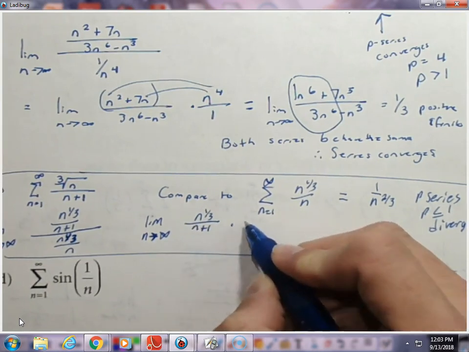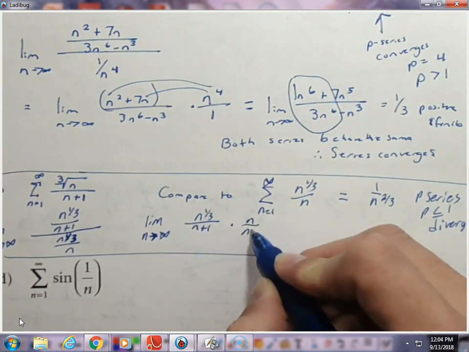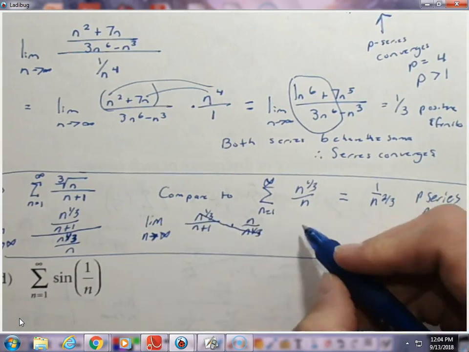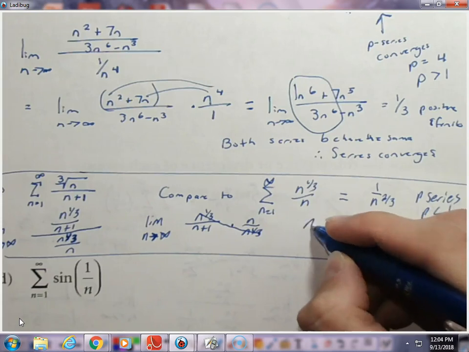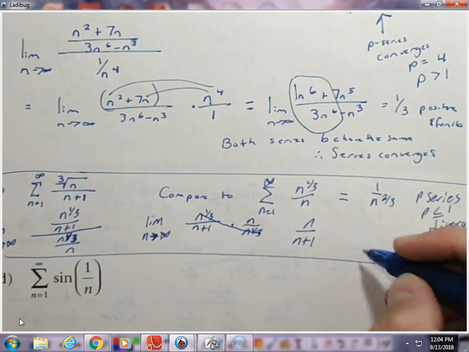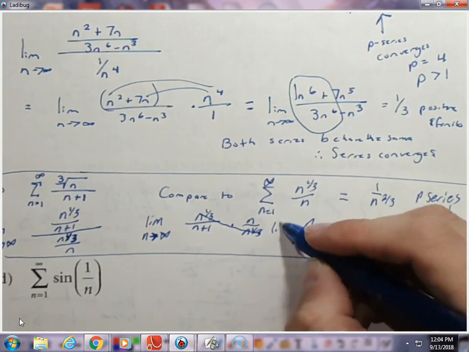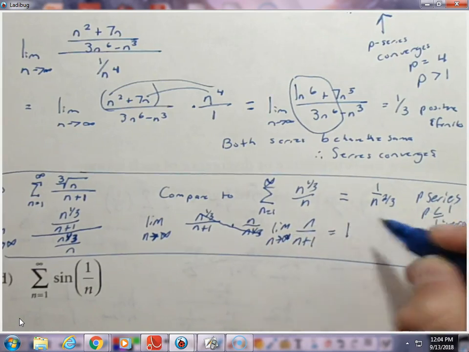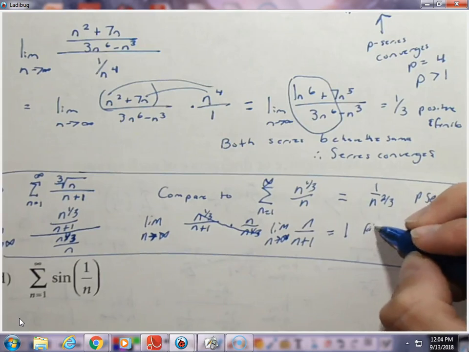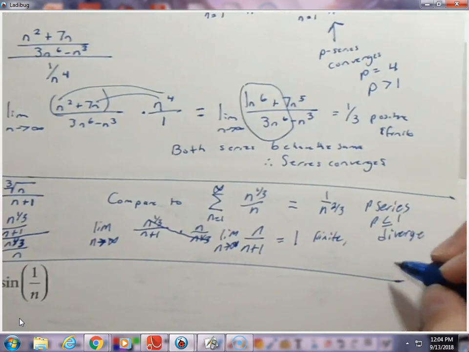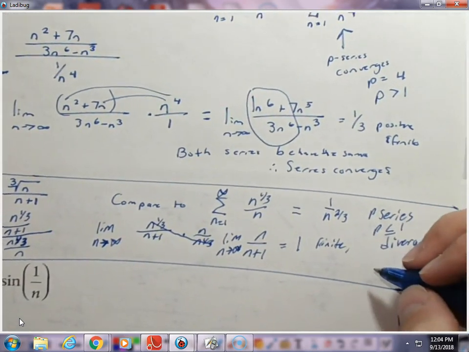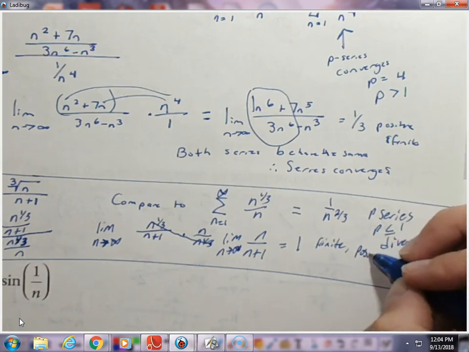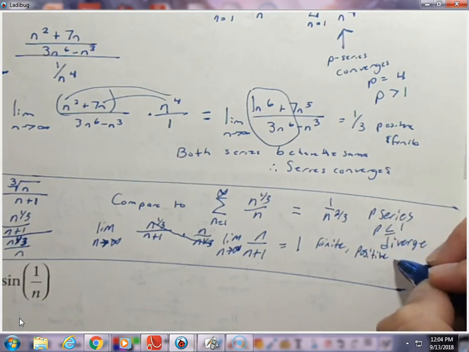Over n plus 1 times n over n to the 1/3. Then those cancel out. So you get n over n plus 1, which will go to 1, which is finite, and positive.